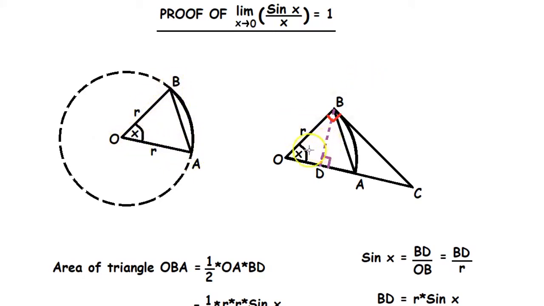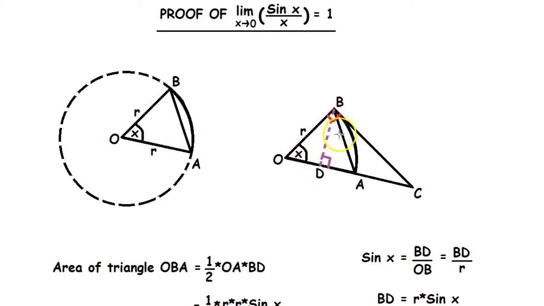Then we extend this line OA until we reach a point C. This point C is at a point where the angle OBC is a right angle. So now we have a right angle triangle OBC. Here the angle of the sector is x and the radius of the sector is r.